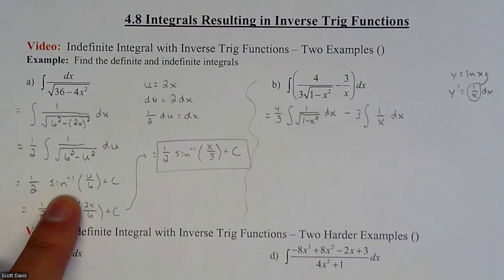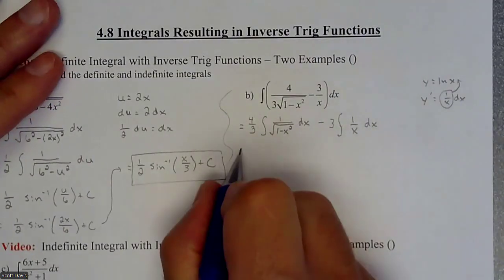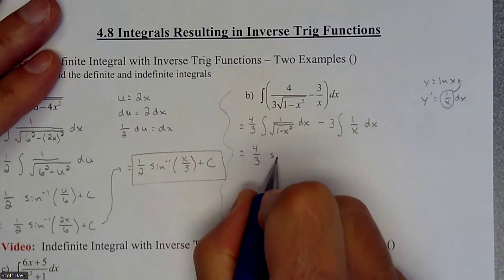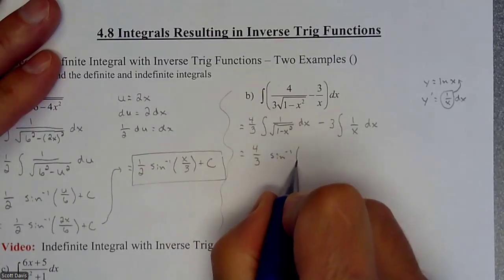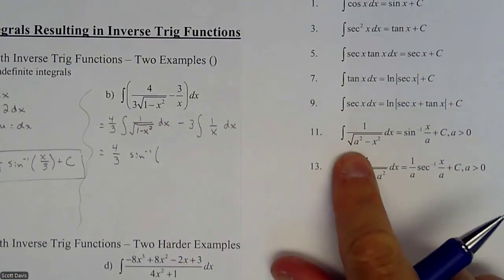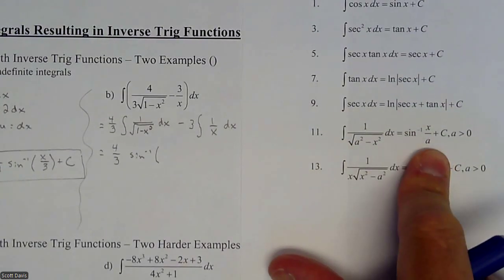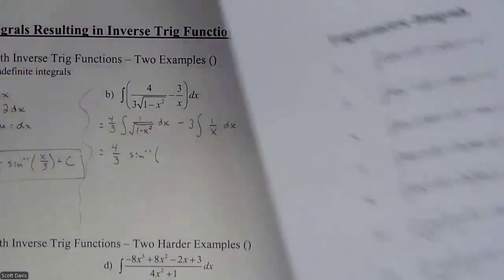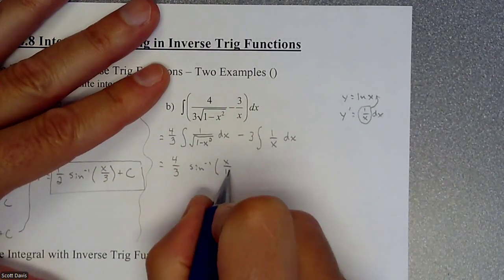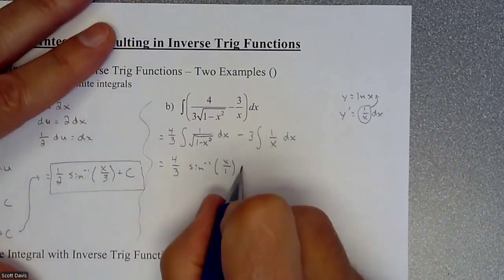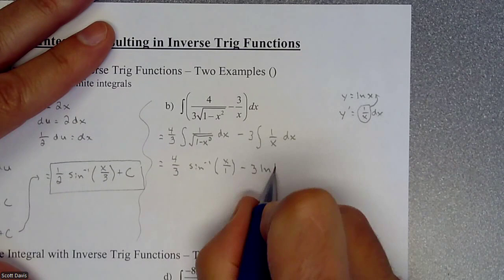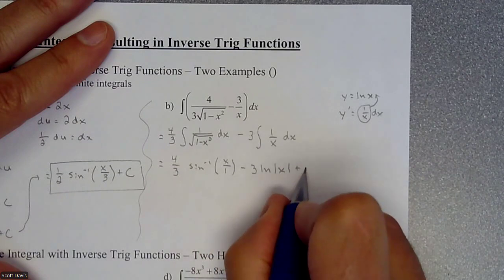It's exactly the same formula, except I'm now going to have 4/3 inverse sine of, back to my formula, my a is 1, so I'm just dividing by 1. So the answer is x over 1, and then minus 3 natural log absolute value of x, plus c.